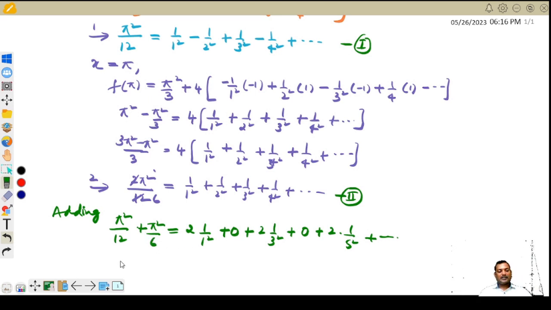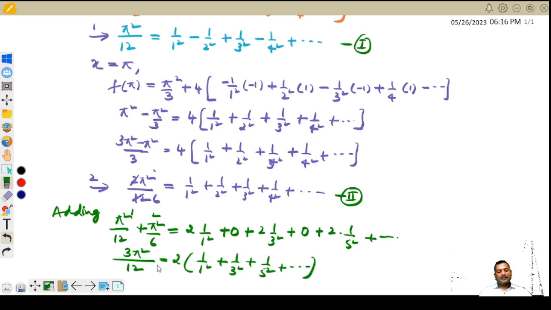Next term, 2 times of 1 by 5 square, plus so on. So on the left, you can take LCM, which is 12. 12 ones are 6 twos are. So this is 3 pi square divided by 12 is equal to 2 times of 1 by 1 square plus 1 by 3 square plus 1 by 5 square.